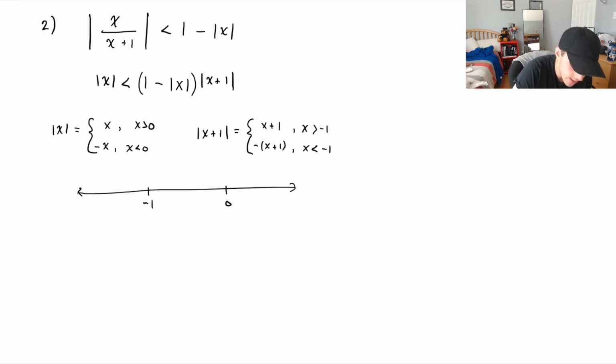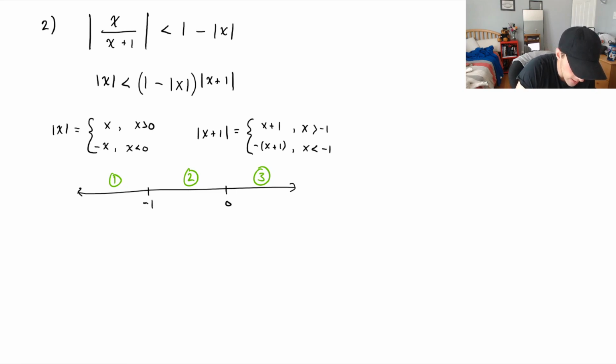So you can see here we have 1, 2, and 3 different regions where this inequality will change. So we need to consider all of these sections in order to find the general solution to our initial inequality. So let's do that.